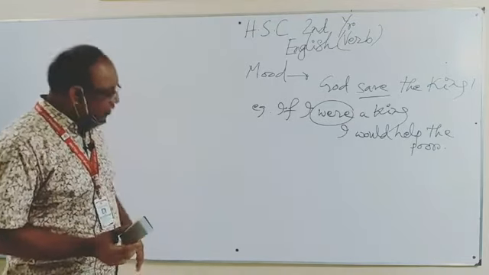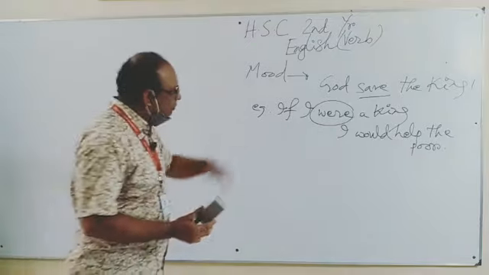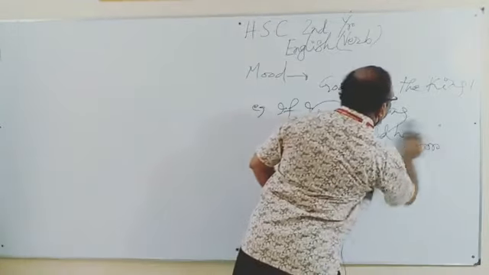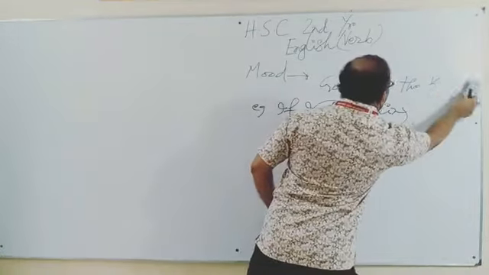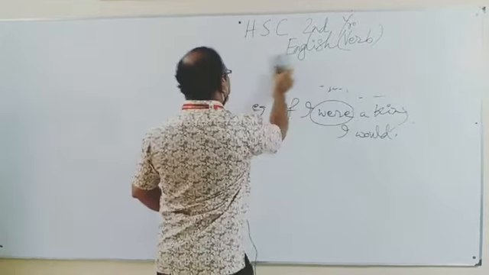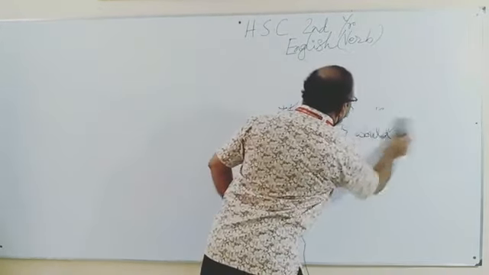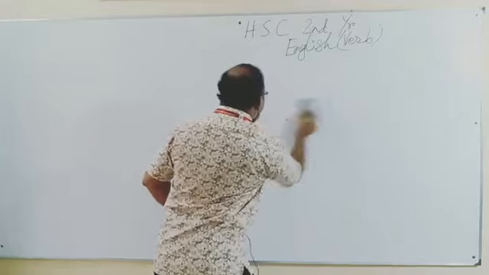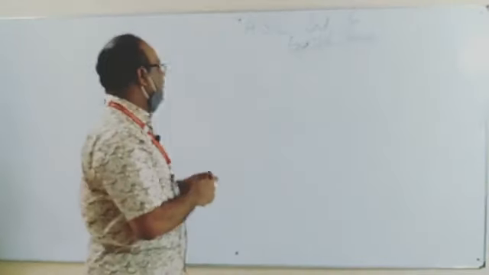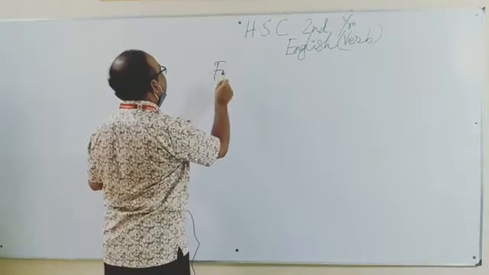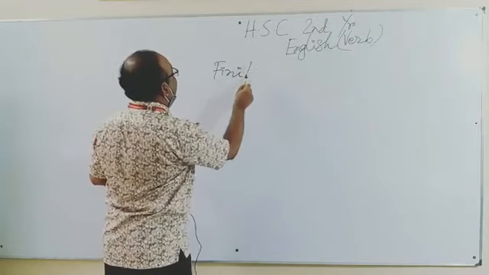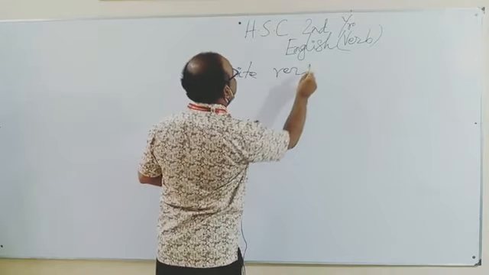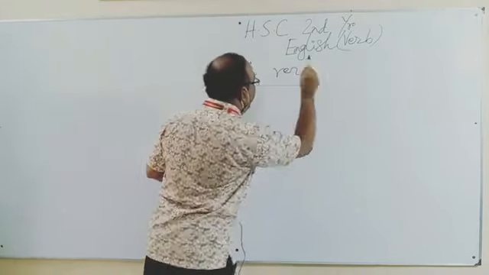Now I will go back to the types of verbs. The first types of verbs which you need to know very clearly are finite verb and non-finite verb. First, finite verb.